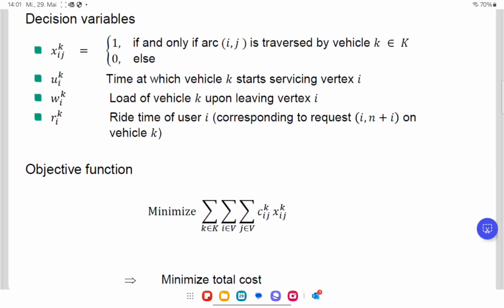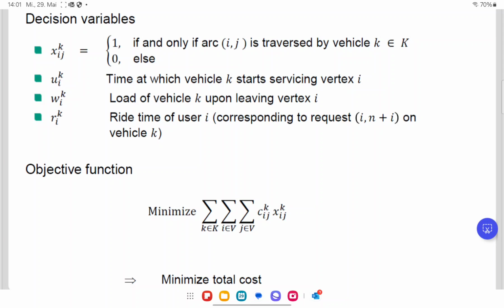Then u is the time at which vehicle k starts servicing vertex i, so either picking up the patient or delivering them. And w is the load of vehicle k upon leaving vertex i, so the number of patients inside the vehicle when they leave vertex i. And r is the ride time of the user i, so of the patient i. This is the pure time the patient is spending within the vehicle.